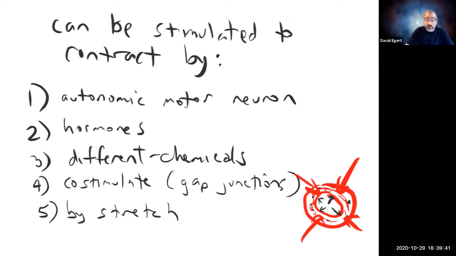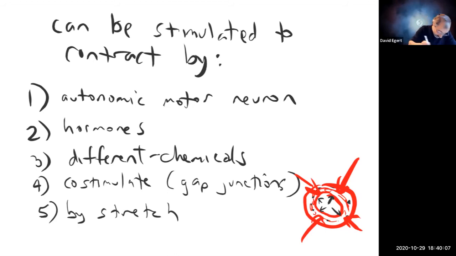It would be like if the wall was made out of smooth muscle and you pushed at the wall and stretched it out, and all of a sudden, it pushed back at you. If you stretch this stuff, it ultimately opens up calcium channels, which is going to cause the whole contraction to happen.